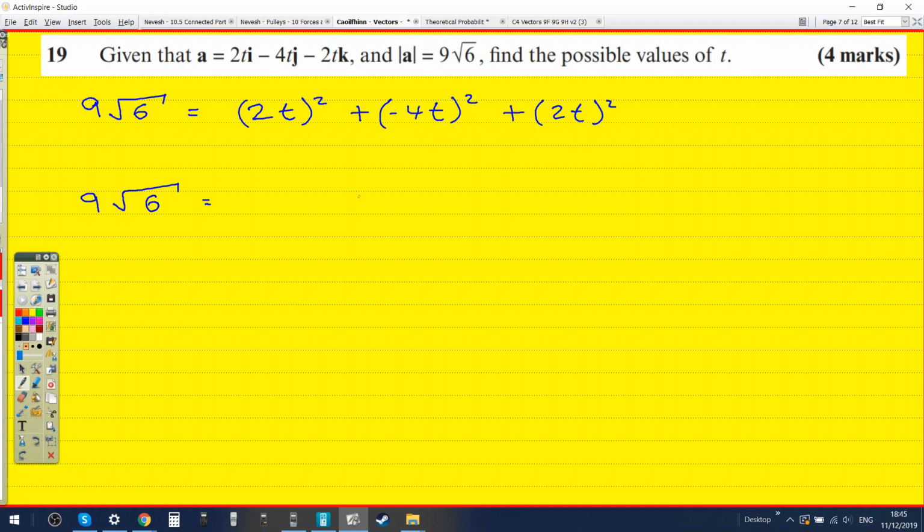Tell me if you're stuck. Is it equal to 22t squared? Wait, is it 24? 16 plus 4 plus 4? So 2t squared is 2t times 2t is 4t squared.